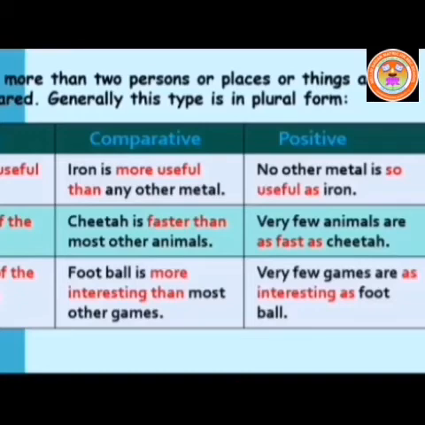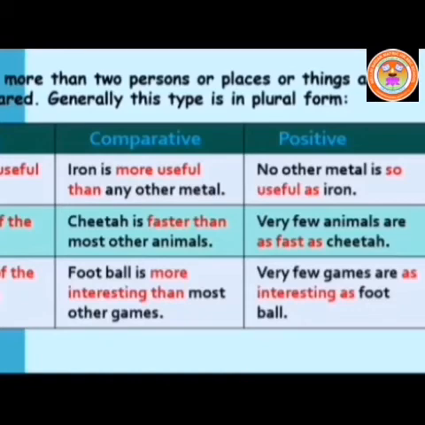Then very few animals. Here we are not talking about one animal. Very few animals are as fast as cheetah. Cheetah is faster than most other animals. From the positive we can change to comparative.